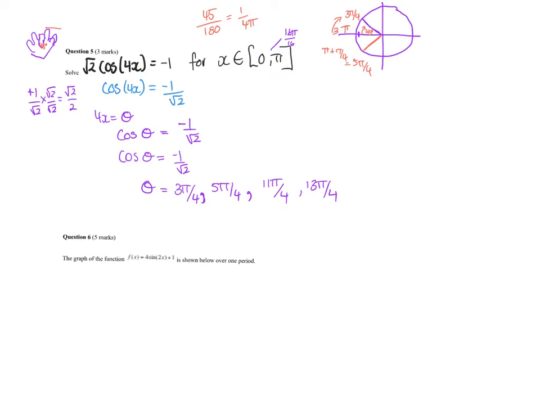I know that, but the actual question was, when is cos 4x equal to negative 1 on root 2? So remember, you take that 4 and you times it here, yeah?